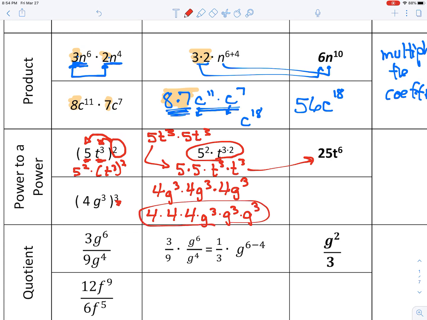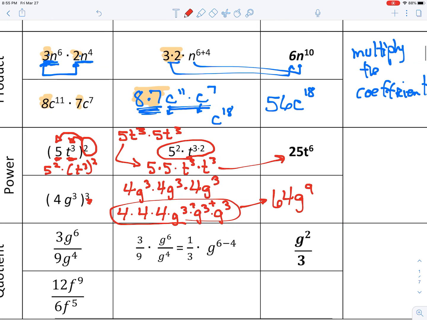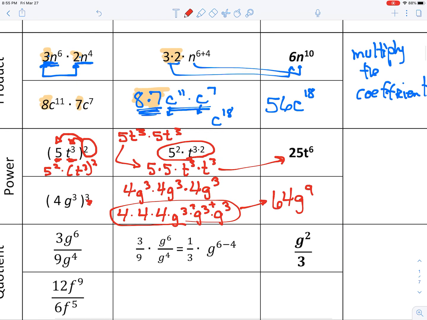All together now, 4 times 4 times 4, that should end in a 4, that's 64. And g cubed, g cubed, g cubed, we would add those exponents. We've got 3 of them, 6 of them, g to the 9th. The pattern here, when it comes to the coefficients, is you raise those coefficients to a power.